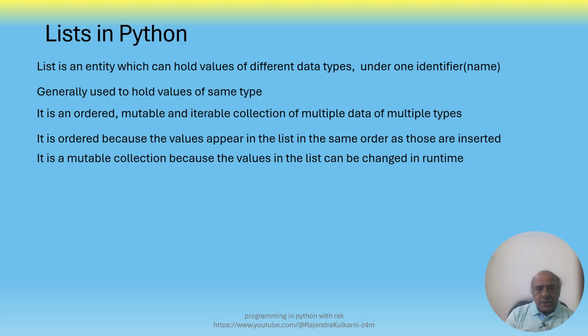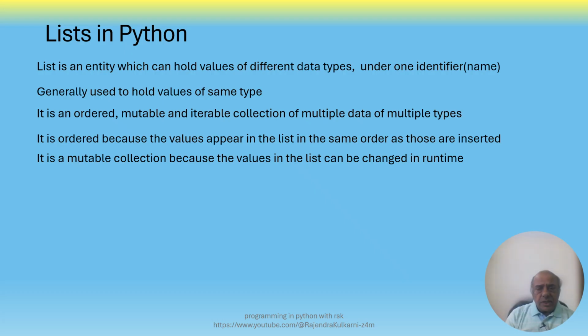So if we declare a list in the script of the program, when that program gets compiled, there can be a set of values, say X, Y, Z in a list.